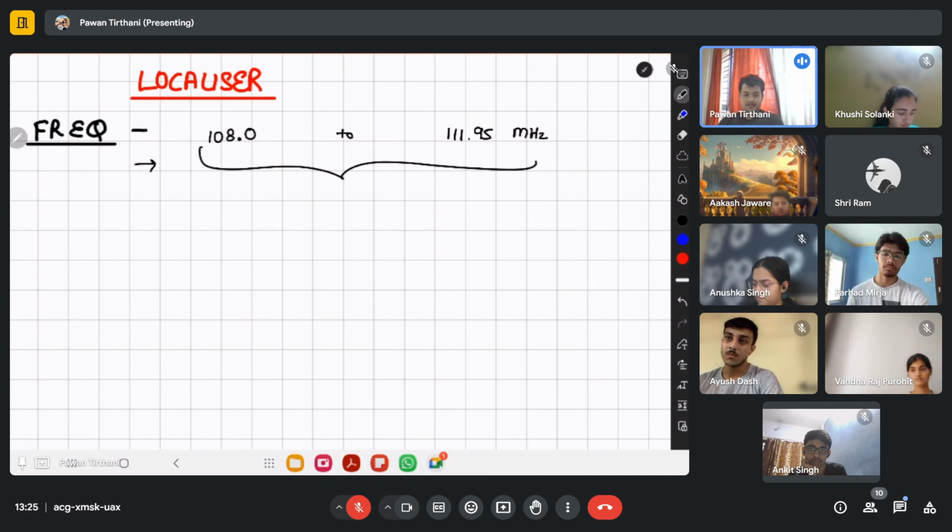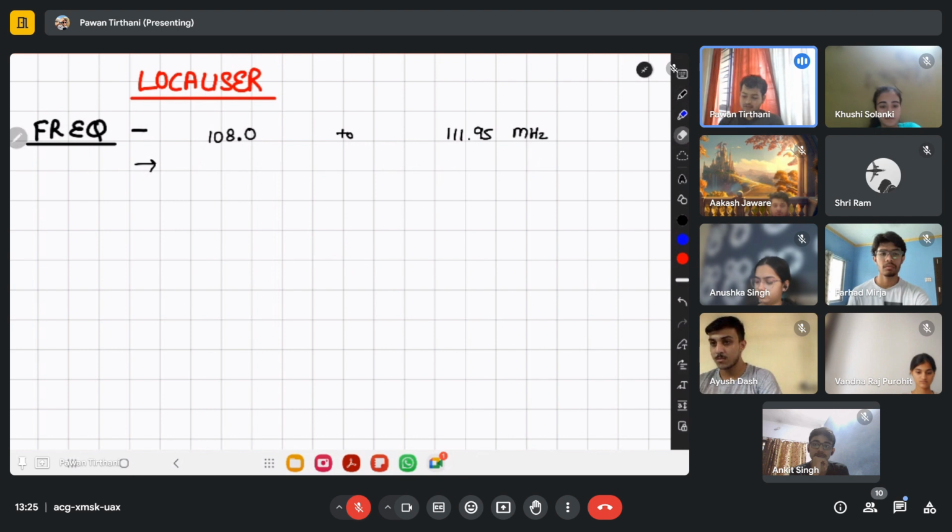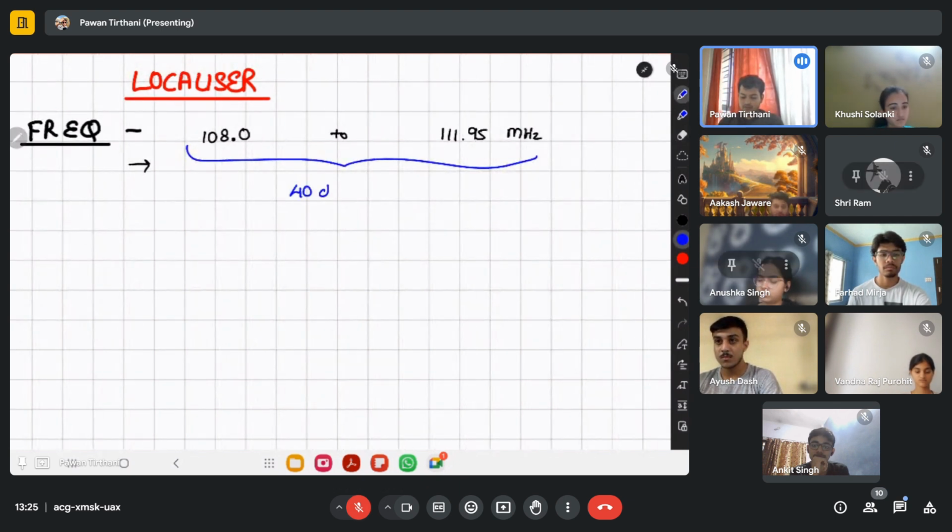So, within these 4 megahertz, we have 80 channels available. Out of these 80 channels, half are for the VOR and the other half are for the ILS. So, we have 40 channels available. When I say 40 channels, it means 40 separate, unique frequencies available.